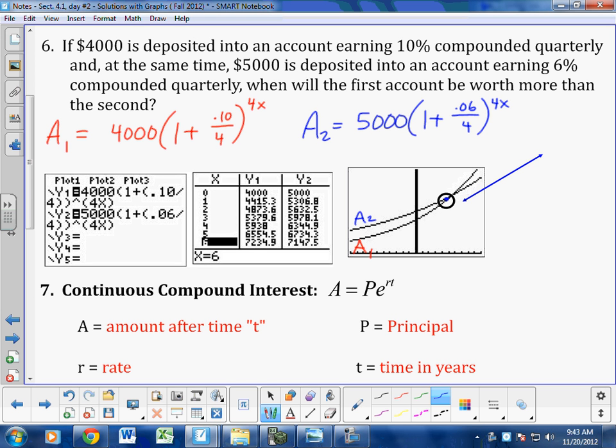Who's got it? What's that number? I have an arrow drawn for you. What number is it? Yep.